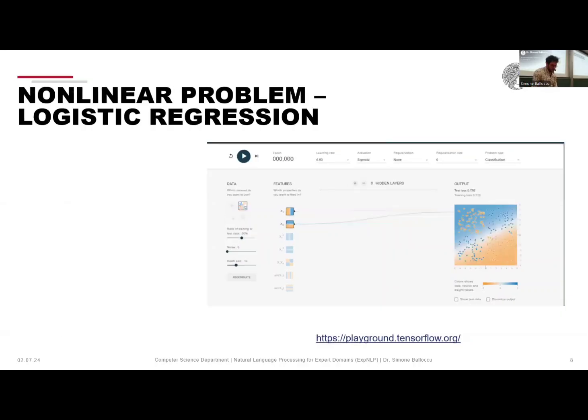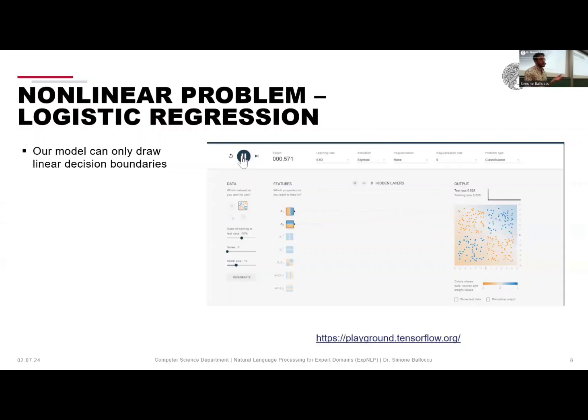Now, what about nonlinear problem and logistic regression? Are we gonna solve it? Yes, no, maybe yes if we wait enough. So raise your hand if you think we're gonna solve this problem. Okay, that's very clear. So yeah, you can wait as much as you want, but basically, as we said, our model can only draw lines.